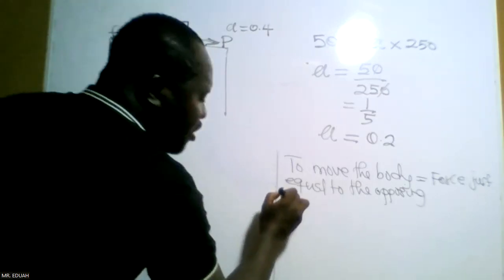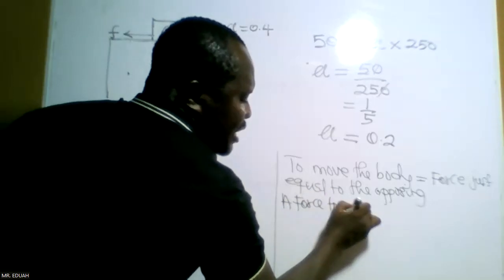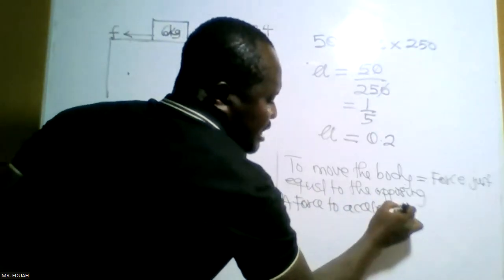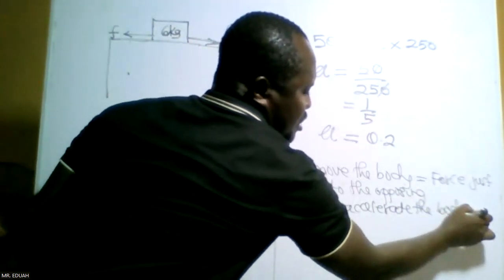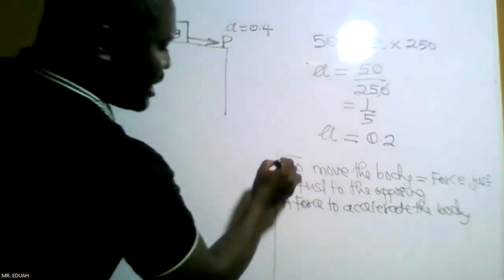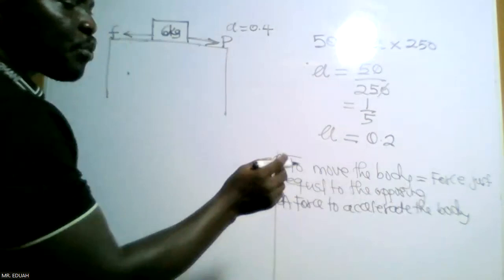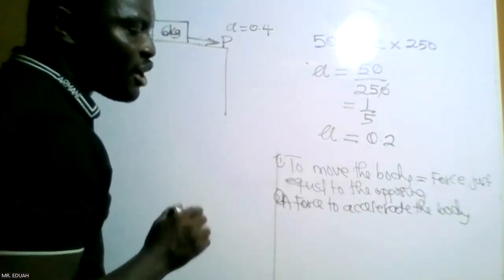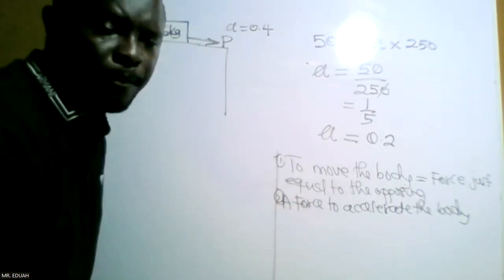Then a force to accelerate the body. There is an acceleration, so there is a net force. In the first case, the net force will be 0 because the force moving the body and the opposing force are equal.